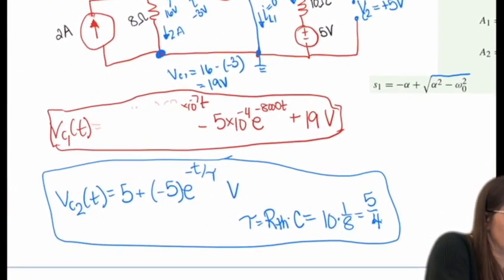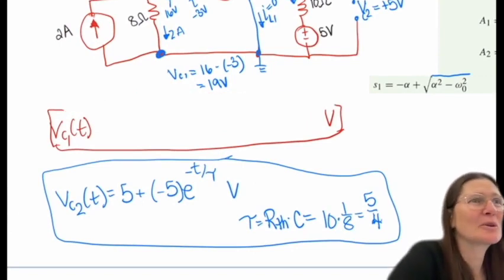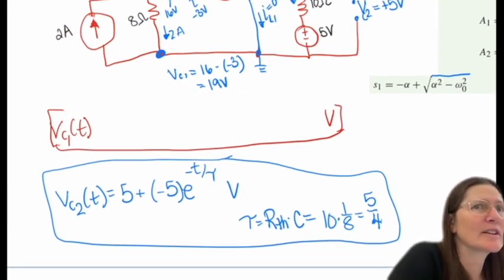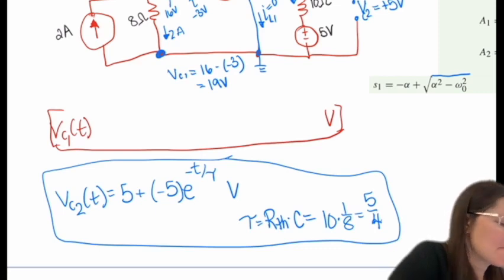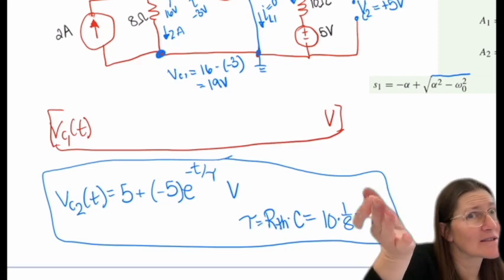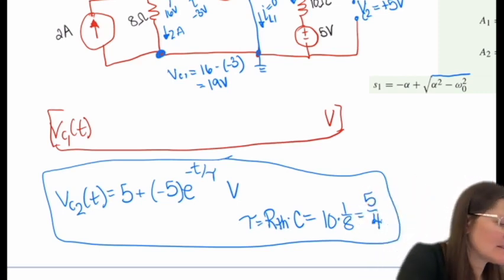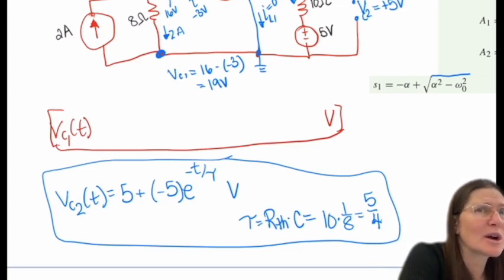For the VC2, I'll go back and find that, and then I'll post these so you guys can check if you want to use it as an exercise. For VC2, it's the final plus the initial minus final, e to the minus t over tau. The final was 5, the initial was 0.